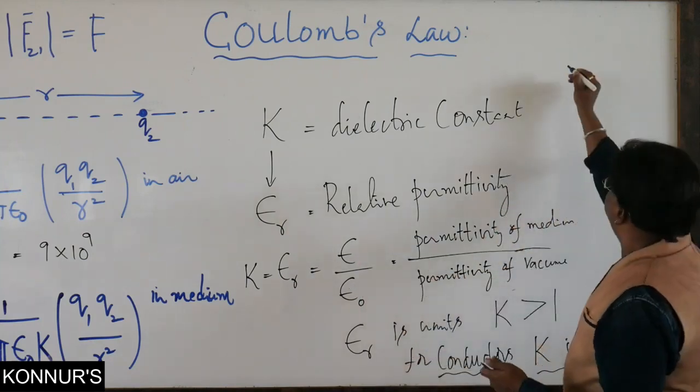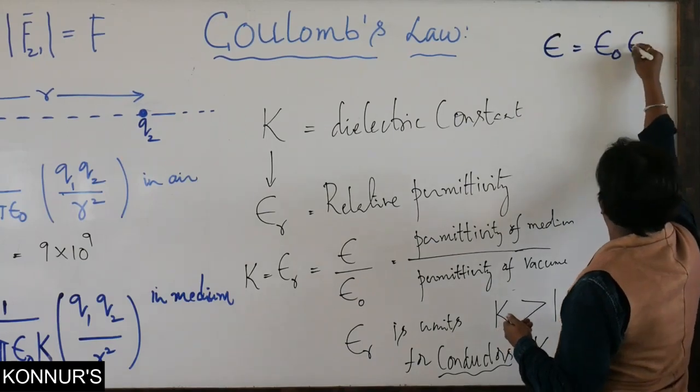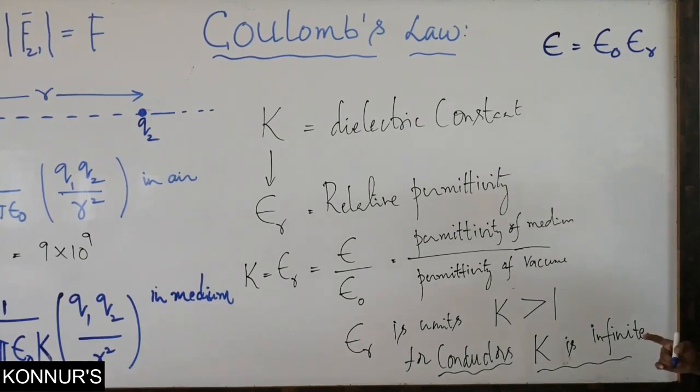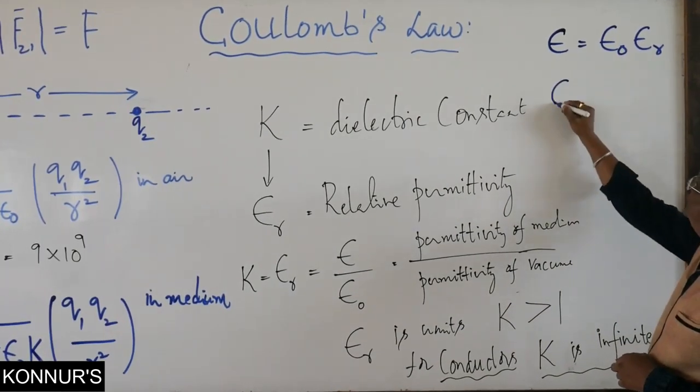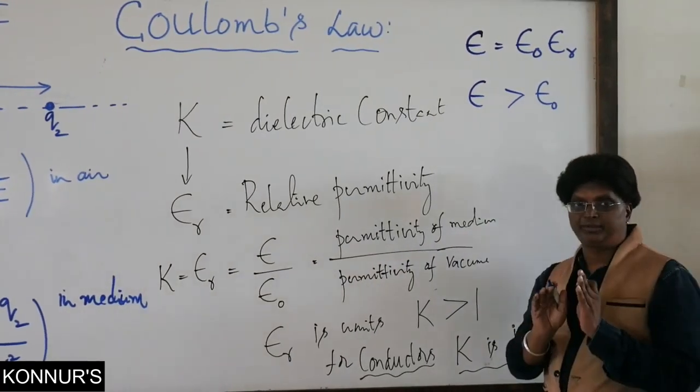See this expression: epsilon I can write as epsilon naught times epsilon r, which is otherwise capital K. K is always greater than 1, we said, therefore this epsilon is always greater than epsilon naught. These are the important things that you have to take.